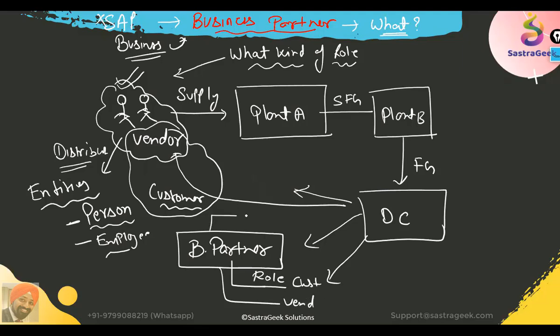A business partner can have the role of your freight forwarder. So these kinds of multiple roles can be created for your business partner. Rather than saying it's a customer or a vendor, the terminology used is business partner.